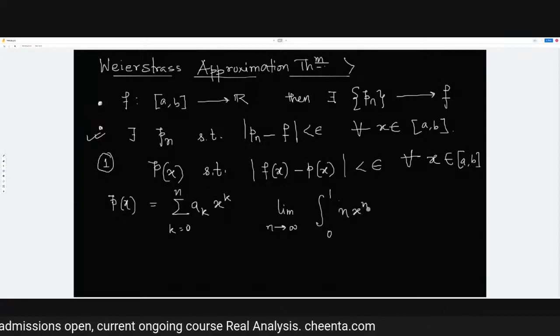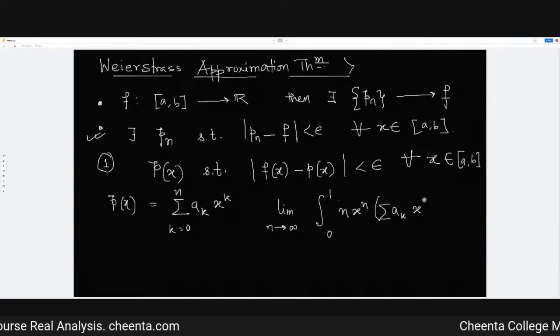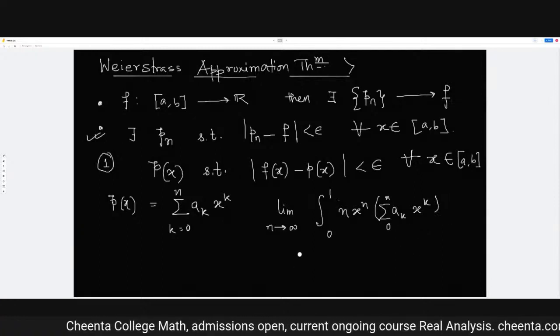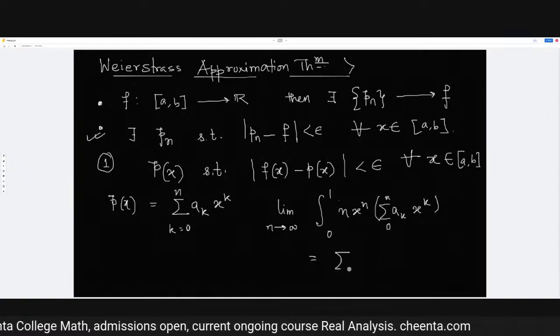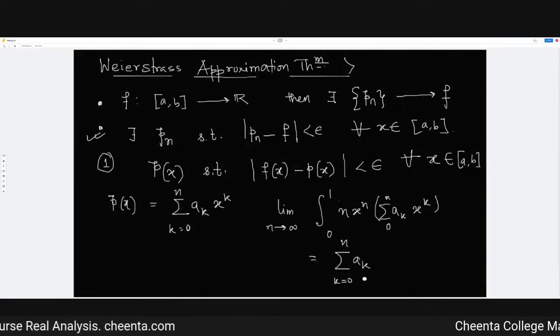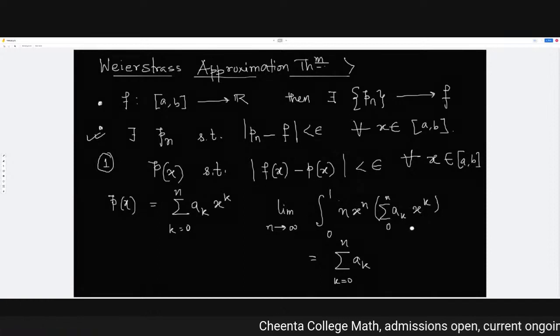So n x^n into the summation over a_k x^k, with obvious notation, k from 0 to n. This limit, if you compute it, will practically be the sum of a_k, k equals 0 to n. So how will this turn out to be the summation over a_k?